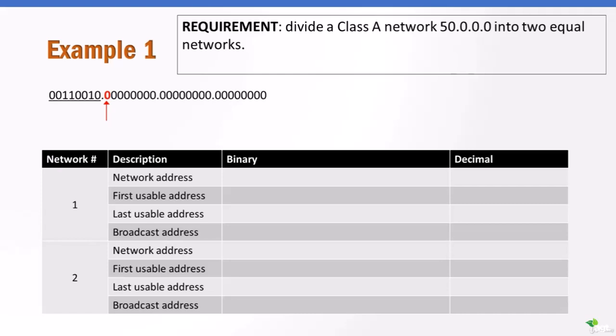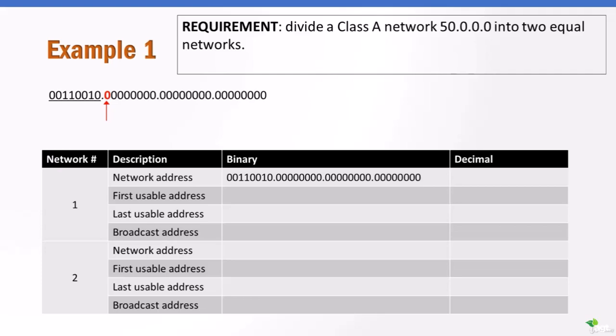So now we're going to have 9 bits representing the network portion. Even though this 9th bit is part of the new network portion for the new 2 subnets, it's still going to be 0.